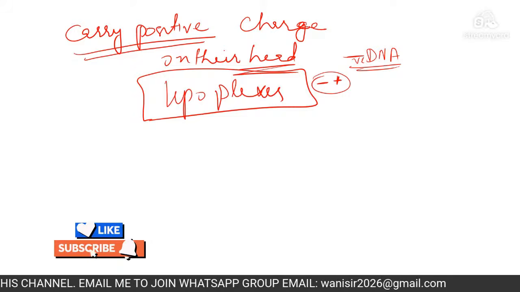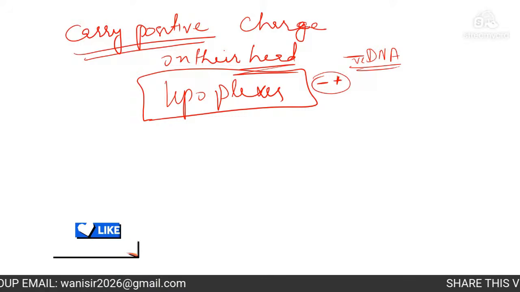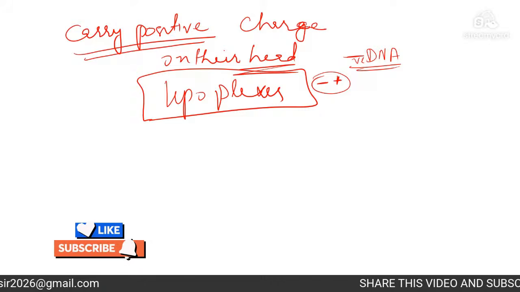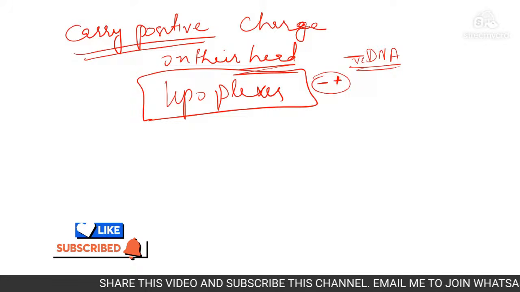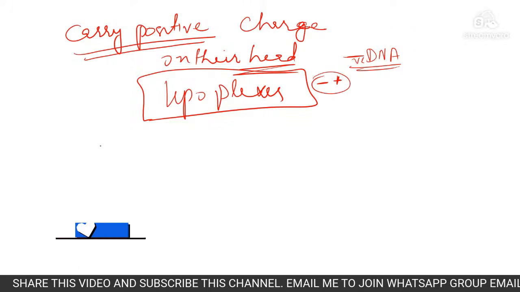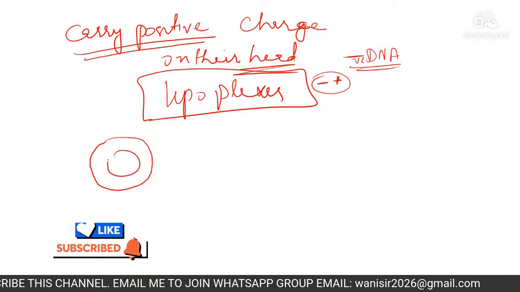Now, there are two main ways this can happen. What is the way to form the liposome complex? Liposomes can bind DNA on their surface, or sometimes there can be encapsulation of the DNA.